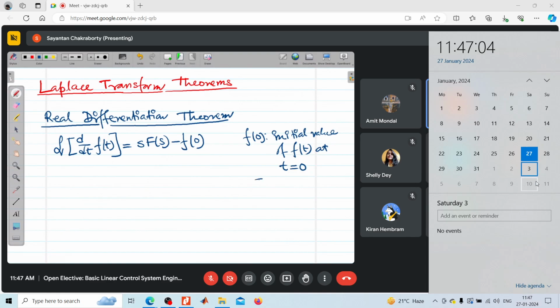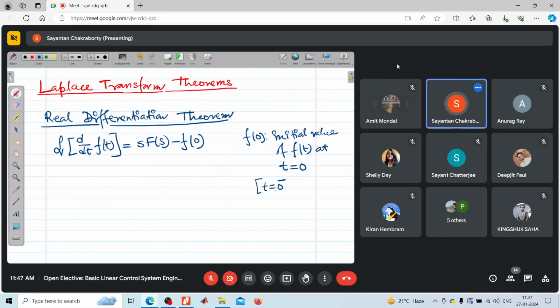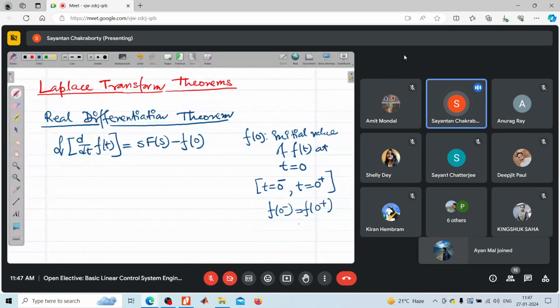There is a notion that sometimes it is defined as t equal to 0 minus to indicate just before the input is applied at t equal to 0. In some books, you'll find it as t equal to 0 plus. So for notation, we shall consider f of 0 minus equal to f of 0 plus, that is just after the input is applied. And we shall represent them universally as f of 0.